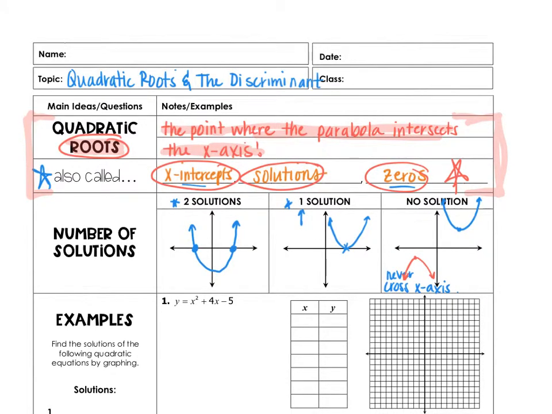So multiple options for parabolas that'll just never intersect with the x-axis. So that's a situation where there's no solution. So one solution, again, is when the vertex is on the x-axis, so that's just the one point where it's going to touch the x-axis. And then, again, two solutions is a parabola that goes through the x-axis on either side.